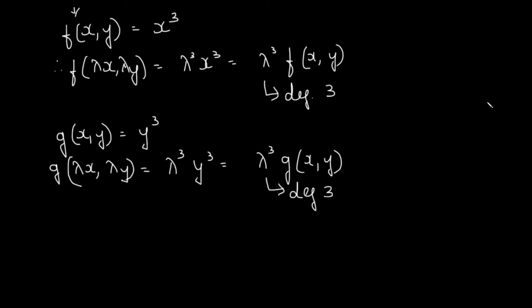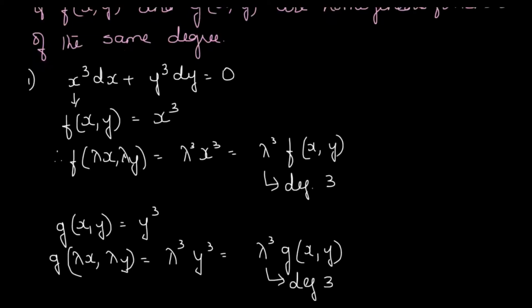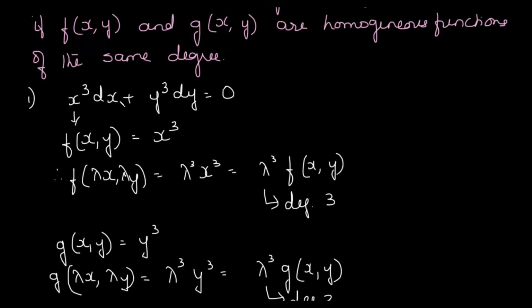That means both the functions involved in x cube dx plus y cube dy are homogeneous functions and they have the same degree. That means this is a homogeneous differential equation.